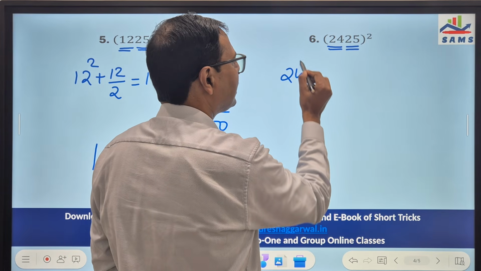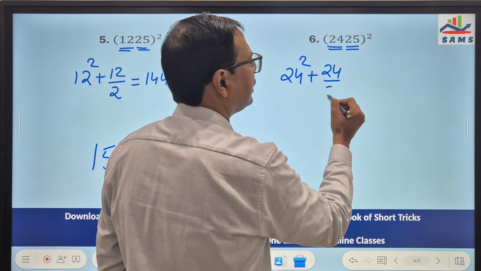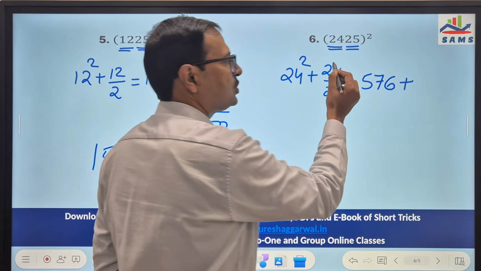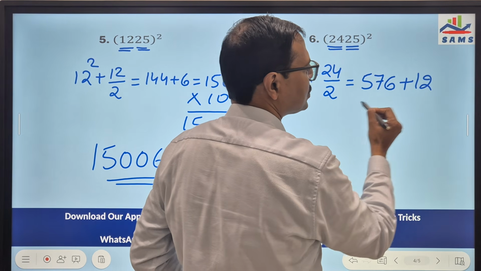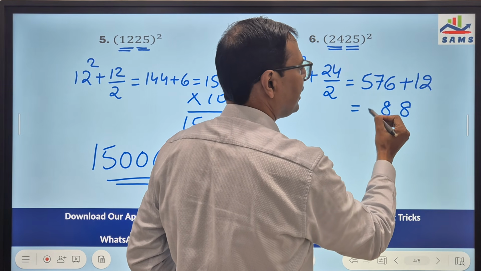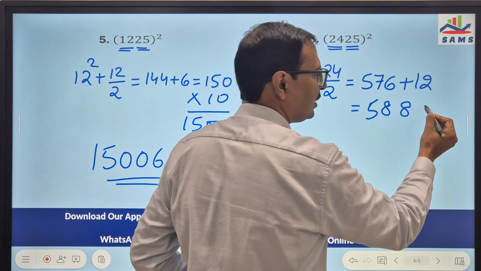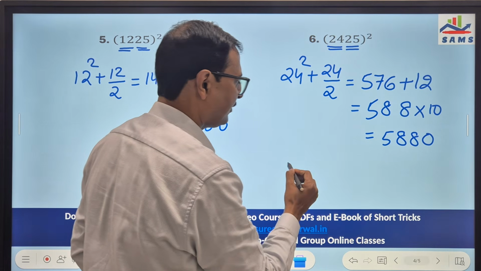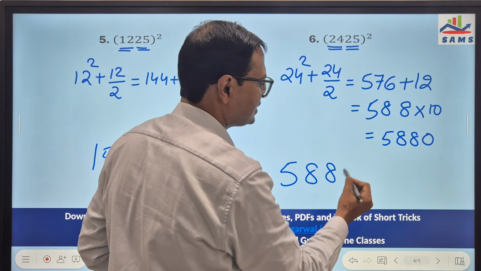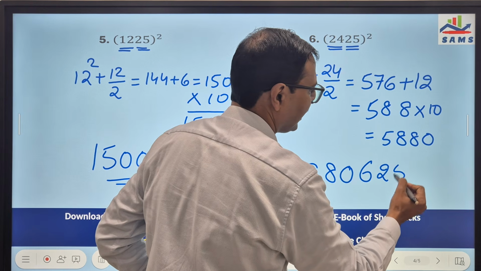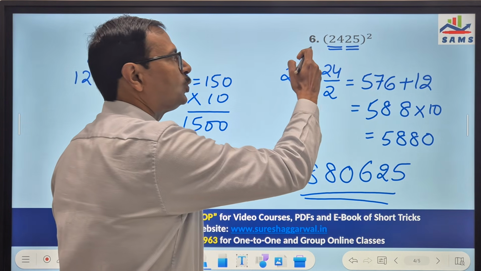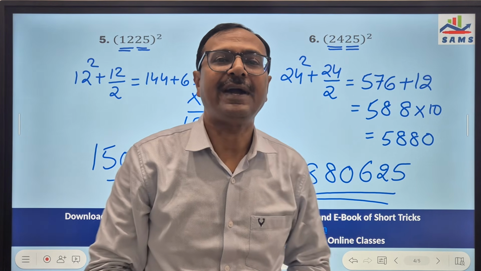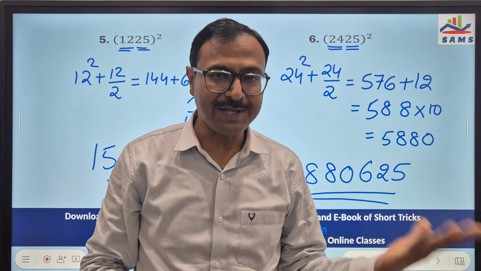So 24 square plus half of 24. 24 square is 576, and add what? Half of 24, 12, to that. So you get 588. Multiply this by 10, you get 5880, and finally the answer is 5880625, which is the square of 2425.